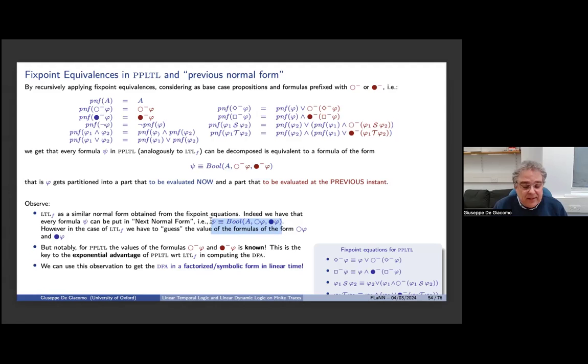The problem of the next instant is that you don't know the next instant, but the previous instant is written in the trace. So when you use these fixed point equations, there is a big advantage to be gained in the sense that the past is known because the trace, in any case, unfolds from the beginning toward the end.